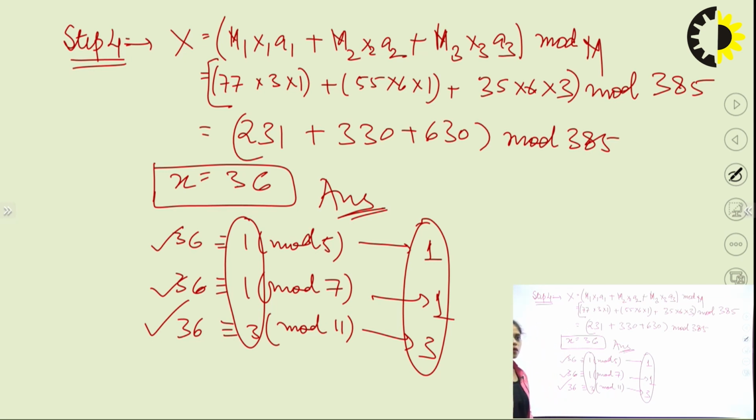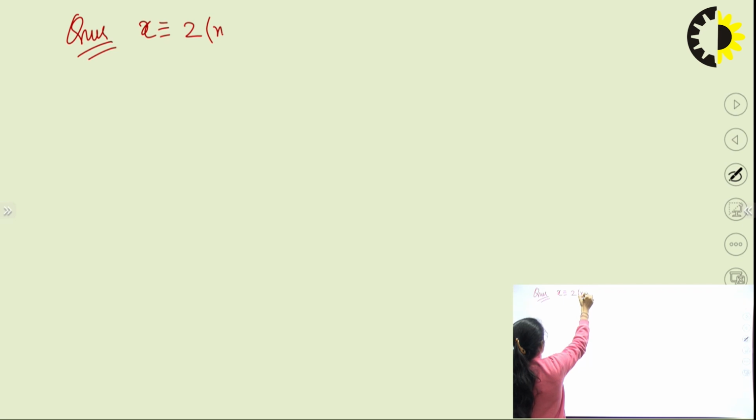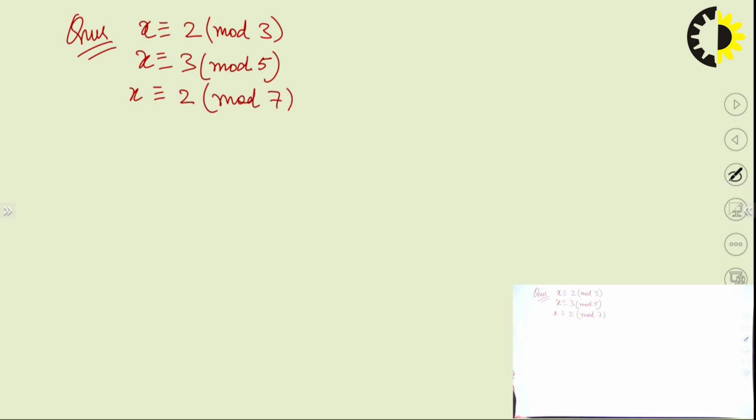Let's take another example to make your doubts clearer. Next question: x congruent 2 mod 3, x congruent 3 mod 5 and x congruent 2 mod 7.